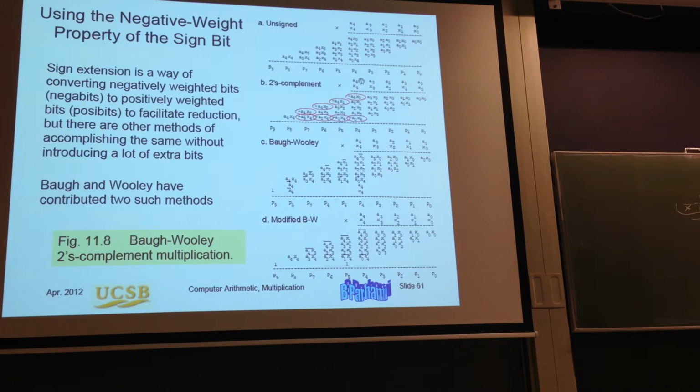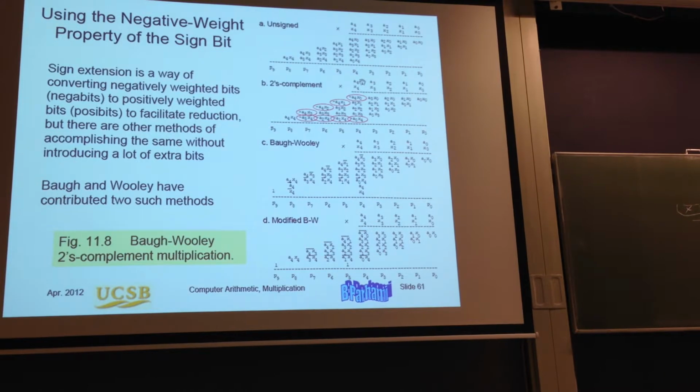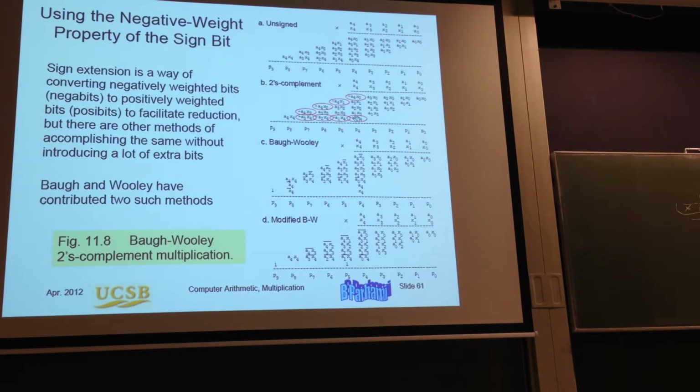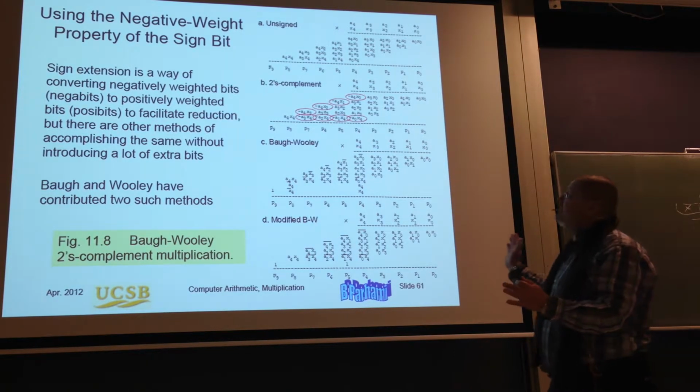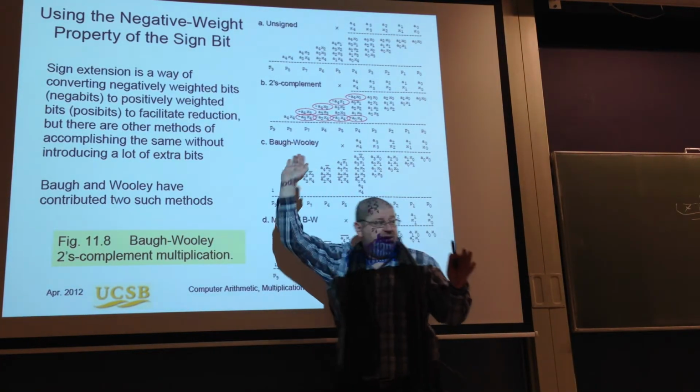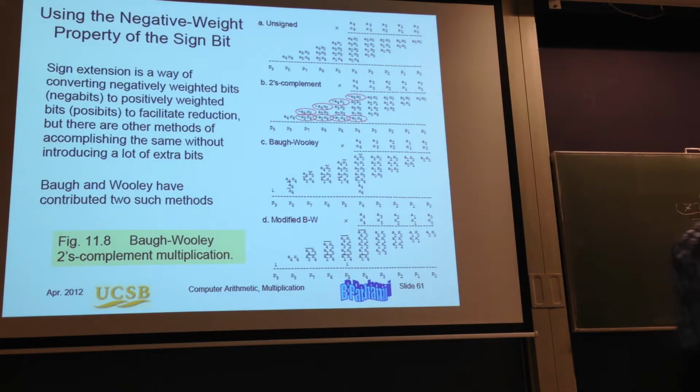Then if I am doing the calculation in unsigned, each dot is the result of an AND gate and nothing else. The position, the column will tell me what the weight is, and there is no sign. But when I'm doing in 2's complement, all those red guys, they actually carry a negative weight, which I have to deal with. I'm not doing sign extension. If I do sign extension, its problem is solved, because all of those guys will have good things here, and I'm done. But I don't want to do sign extension.